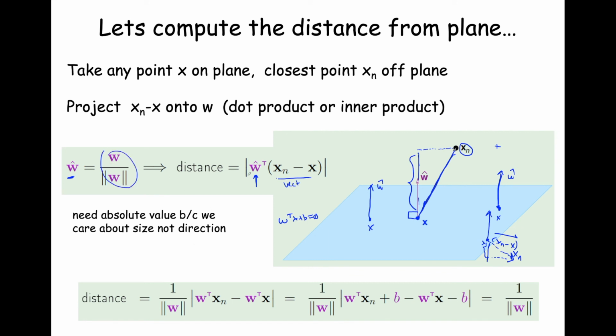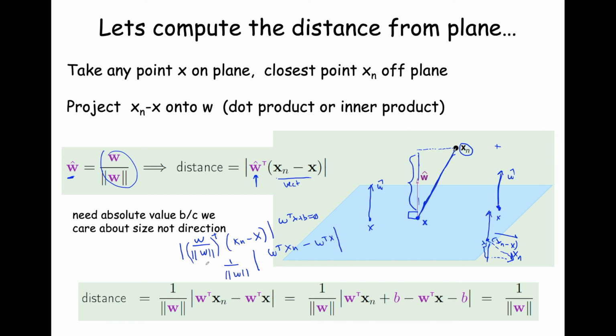If we make that substitution, the absolute value of the magnitude of W is just the magnitude of W. So we started with this expression, and we substitute for W hat, W over the magnitude of W, transposed, times Xn minus X. This magnitude comes out, so that's 1 over the magnitude of W times, and then we distribute that W transpose to the terms in the parenthesized expression: the absolute value of W transpose Xn minus W transpose X, inside the absolute value.